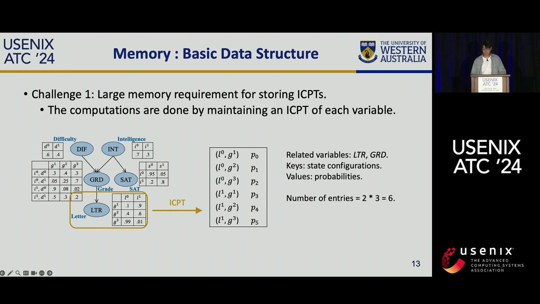In this example, the variable only has 1 parent, and the number of states of the related variables is small. But for highly complex problems, the variables may have many parents and many states, which cause many entries in ICPTs. For each entry, we need to store the configuration and probability. So this causes a large memory requirement.